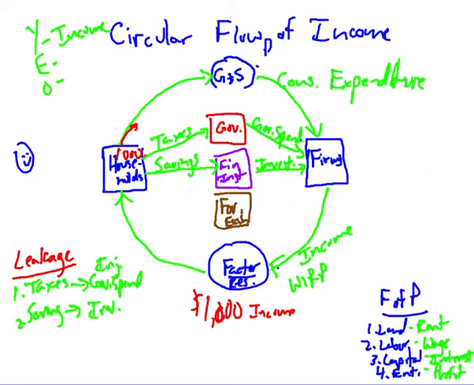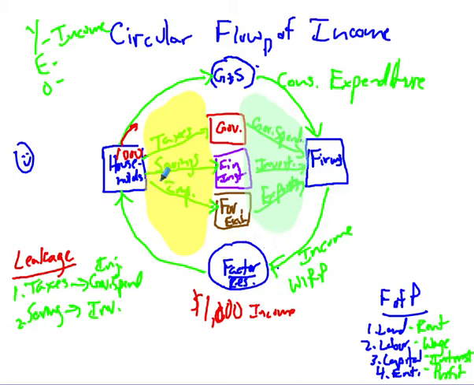And then we've got the money coming in. This is imports, and this is exports. As you can see, these three things are all the leakages, and these things are all of the injections.